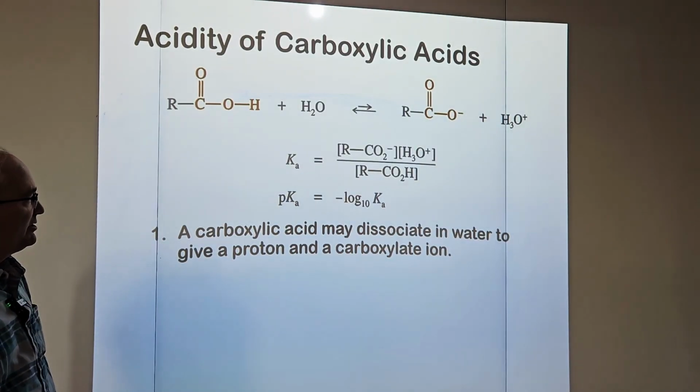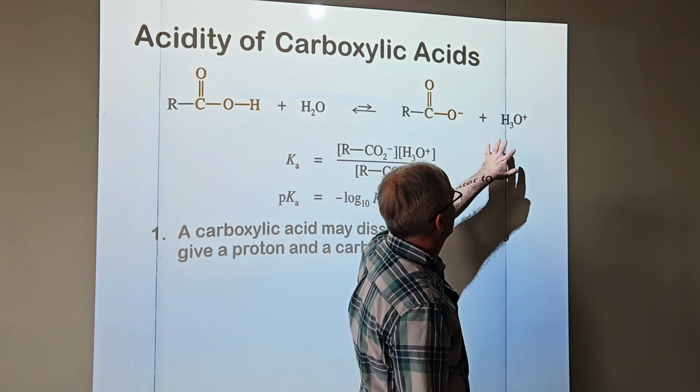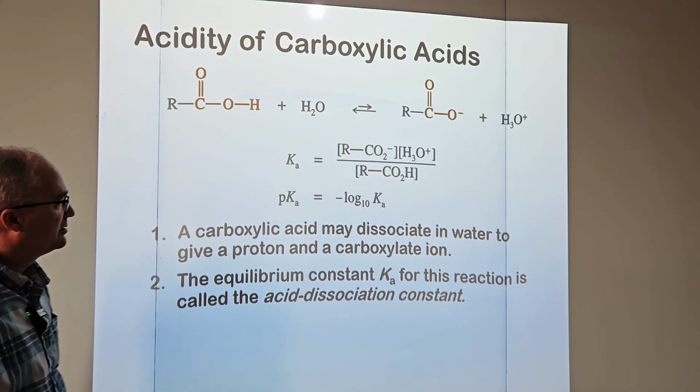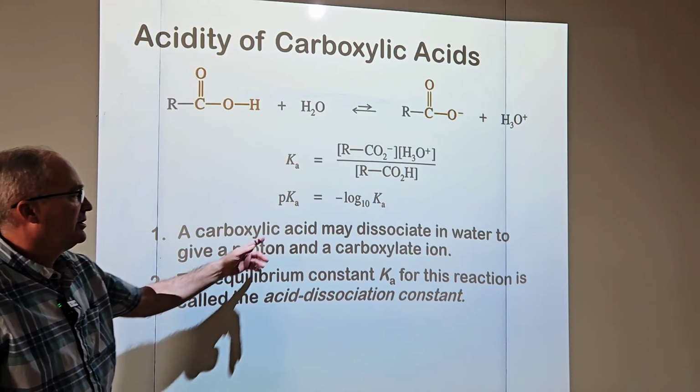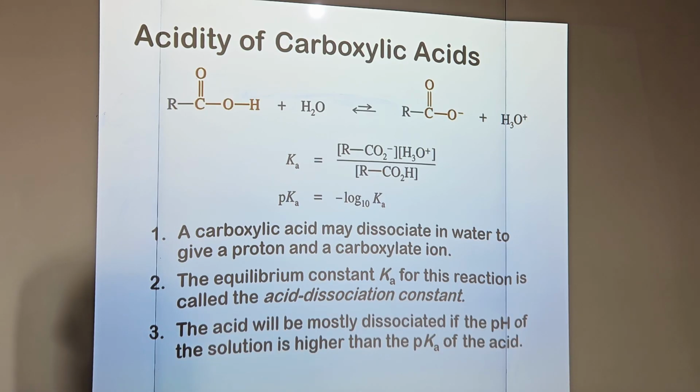So there's some equilibrium here, carboxylic acid reacting with water, conjugate base, conjugate acid, and we write an equilibrium expression. Since there's such a big range, we like to just work in a logarithmic scale and use pKa. It says here the acid will be mostly dissociated if the pH of the solution is higher than the pKa of the acid.